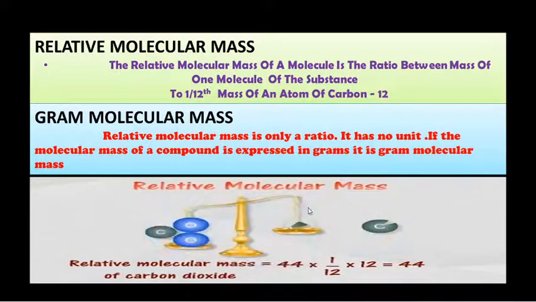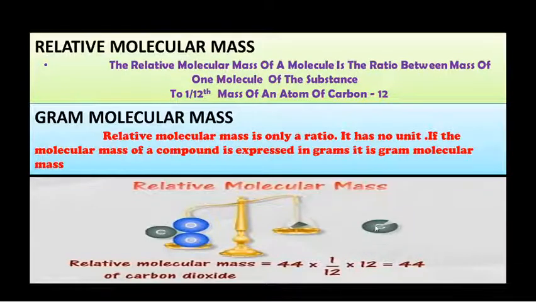So see this picture, you can have an idea about the relative molecular mass. They are comparing the molecule. You just see one molecule of carbon dioxide compared to one part of the carbon atom, that is 1 by 12th part.